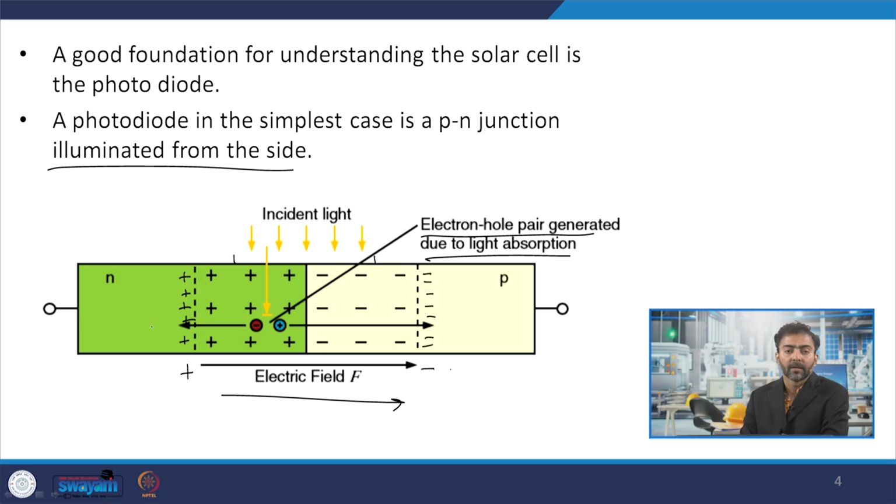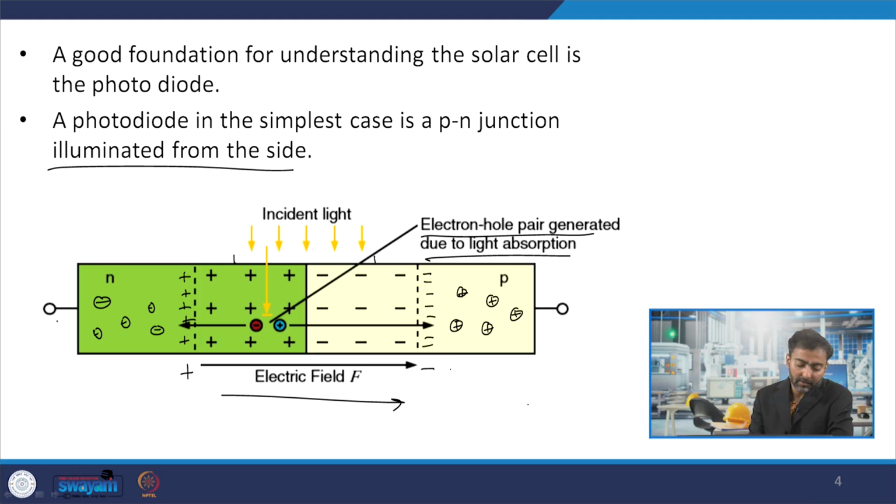And as we are already aware, the n type already has excess electrons. So if one more excess electron comes, not an issue, and it will not recombine because it is already the majority charge carrier on this side. Similarly on the other side, if an excess hole comes, not an issue because this is again the majority charge carrier on this side. So it will also not recombine.